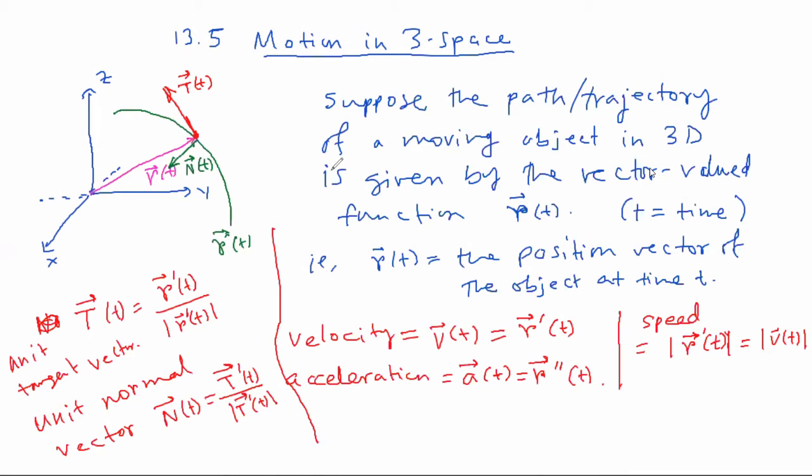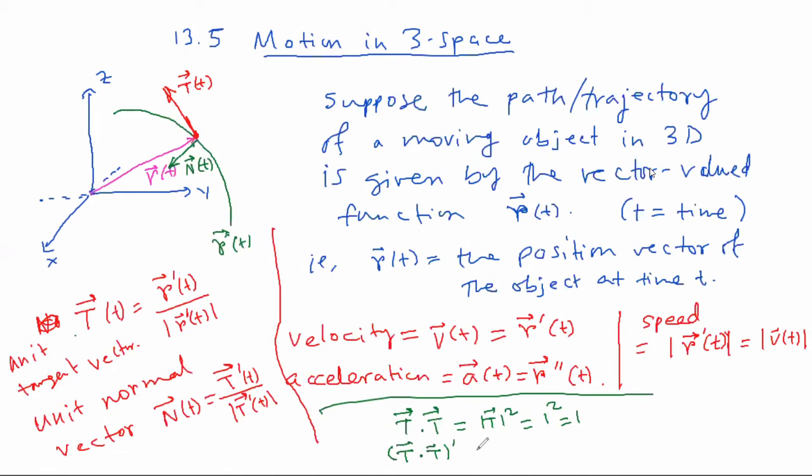And why is that perpendicular, by the way? Why are T and T prime perpendicular? I can give you a quick derivation. If you do T dot T, it is going to be the length of T squared, right? But this is the unit tangent vector, so the length is 1, so this is 1 squared equals 1. Now if you take the derivative of both sides, the derivative of 1 is 0.